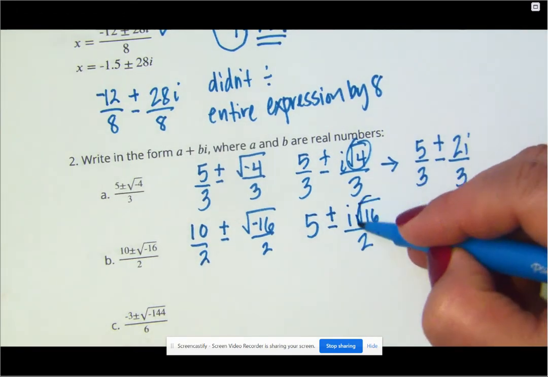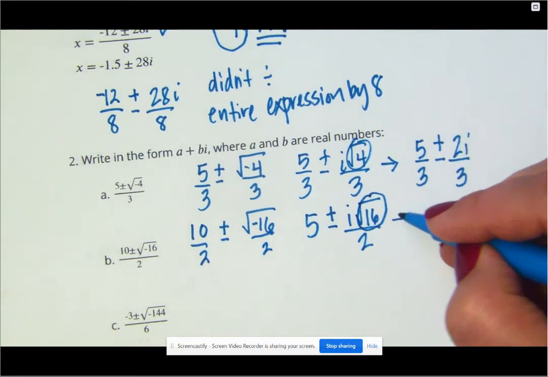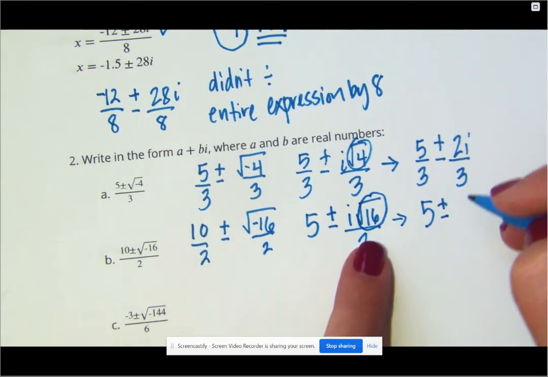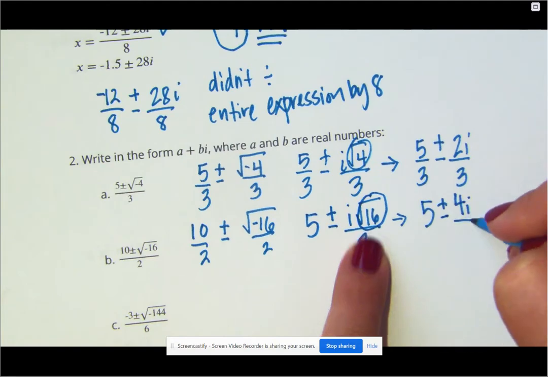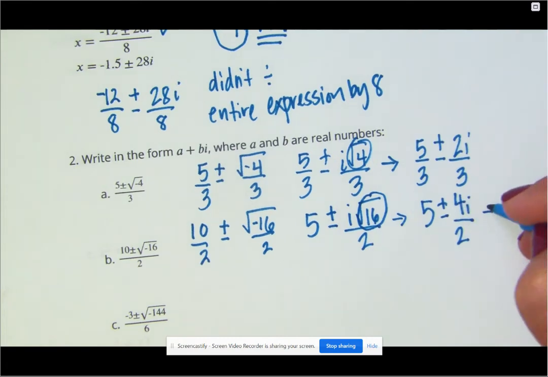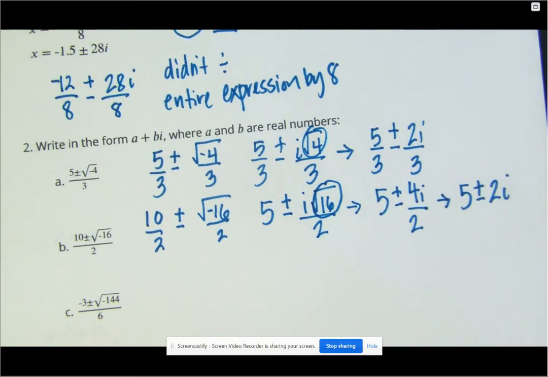Now, what's the square root of 16? 4. So final answer, 5, which we got from this, plus or minus 4i divided by 2. I can do even more. This 4 divided by 2. So final expression, 5 plus or minus 2i. Just cleaning it up all the way.